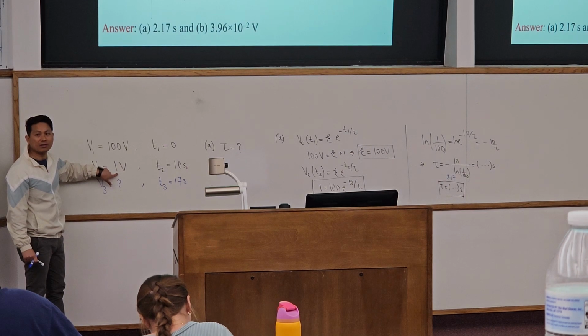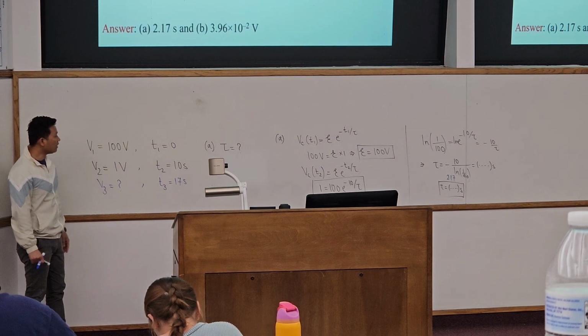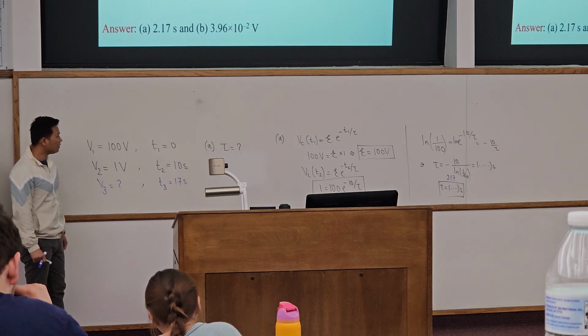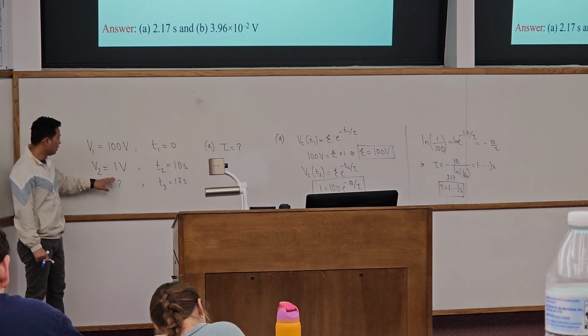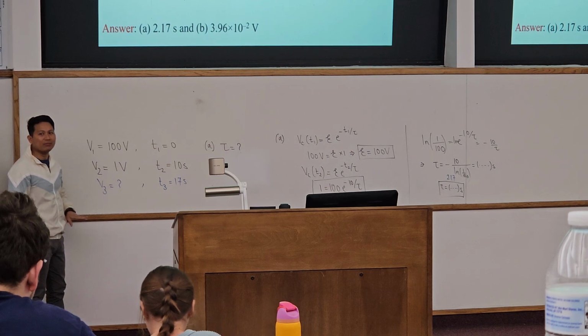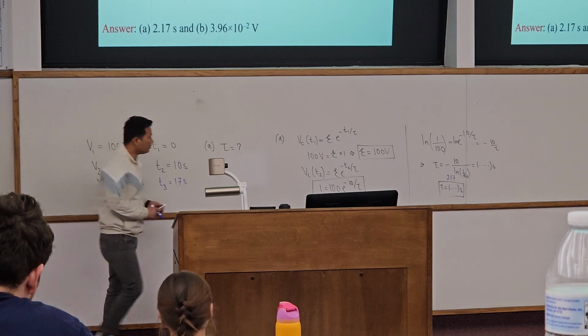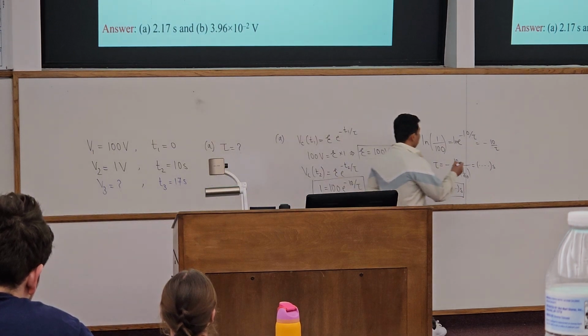Do you agree with that? Because you are basically draining the potential. It's a discharging case. If you get a number that's bigger than 1, then you have some problem with your calculation, okay?